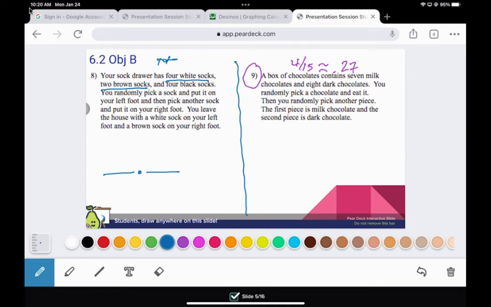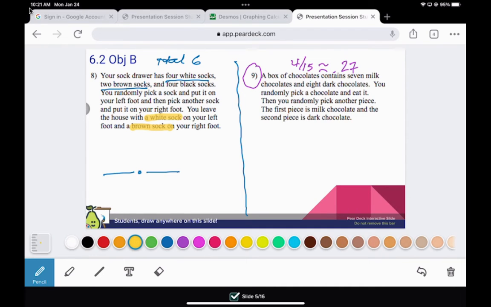So I have the total of 4 and 2, so that's 6. You randomly pick a sock and put it on your left foot and then pick another sock to put on your right foot. You leave the house with a white sock and a brown sock on your right foot. So that's the event, white and brown, that's the one we looked at.